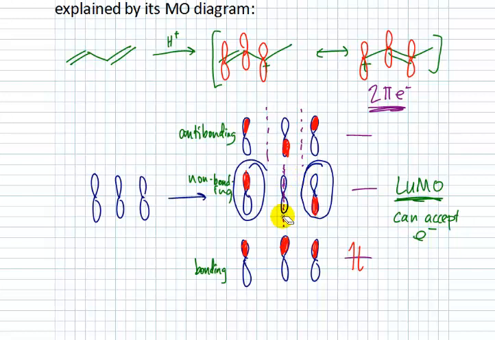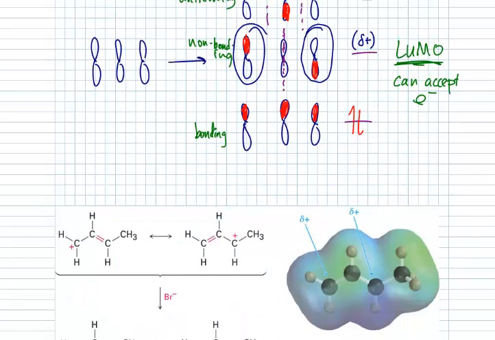So that partial positive charge, this lack of electron density, will mostly be occurring in carbons 1 and 3, not in the middle one where there's a node. So that ends up being the place that can accept electron density. We confirm that by calculating this electrostatic potential map. Carbons 1 and 3 have a good amount of partial positive charge to them, where carbon 2 does not.